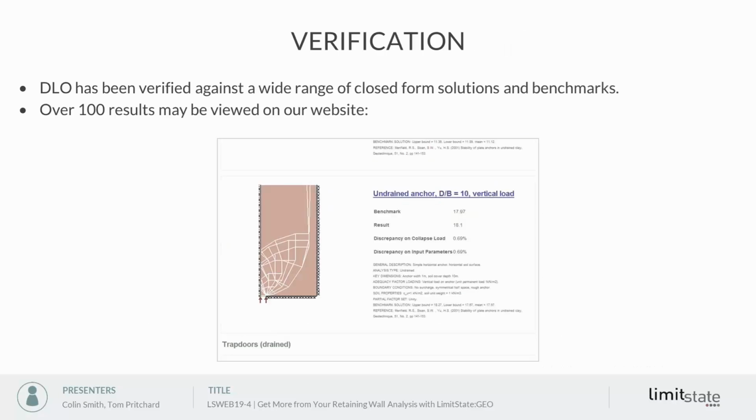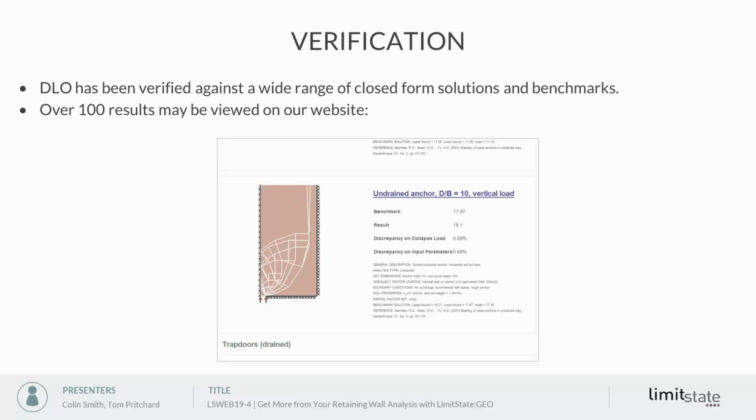Now, of course, you want to be sure that this software actually achieves accurate results, so we have verified it against a wide range of closed-form solutions and benchmarks in the literature. Every time the software is modified, it runs hundreds and hundreds of tests to make sure that it's still doing the same thing.